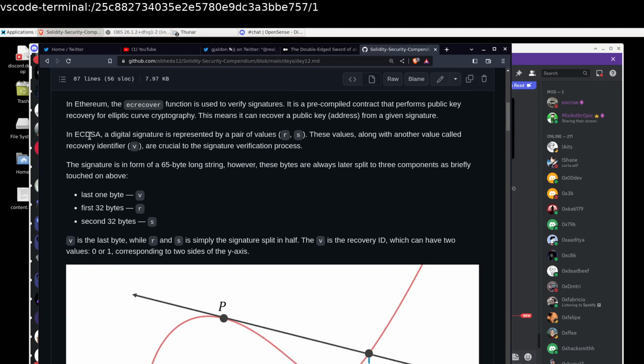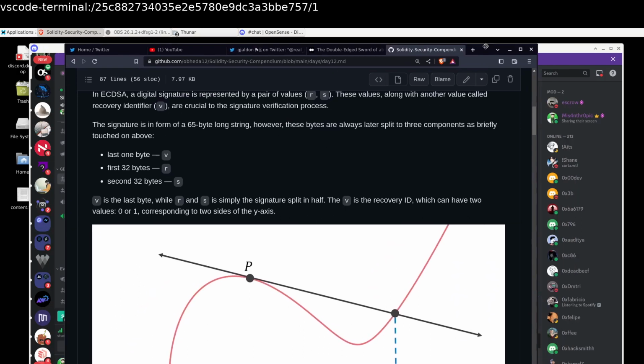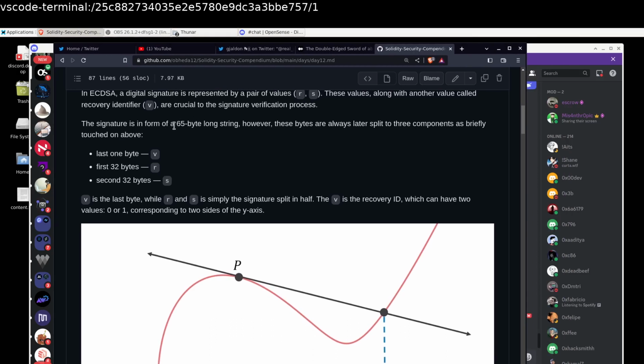In ECDSA, a digital signature is represented by a pair of values, R and S, along with another value called the recovery identifier, V. So we have R, S, and V. Those are crucial for the signature verification process. The signature is in the form of a 65-byte long string.